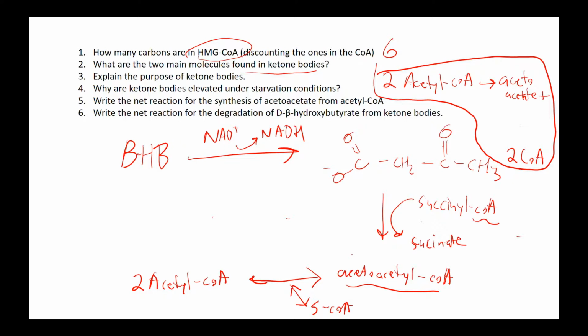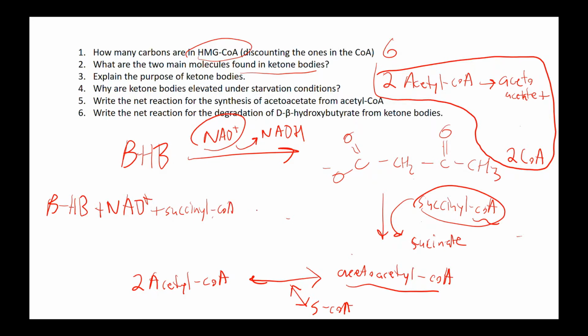All right, so our net reaction here then is we have our beta-hydroxybutyrate, right? We have an NAD plus as a reactant. We had succinyl-CoA as a reactant. All right, and we have down at the very bottom here another CoA as a reactant.